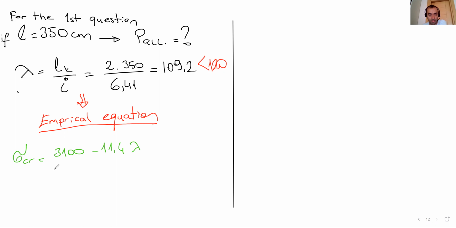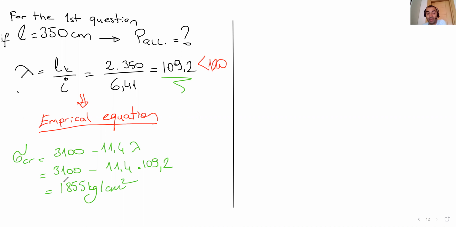Now let's calculate it. Minus, lambda is here, and sigma critical here is 1,855 kilogram per centimeter square.